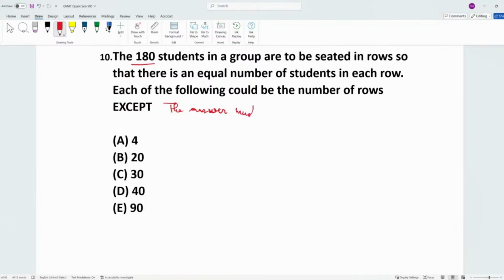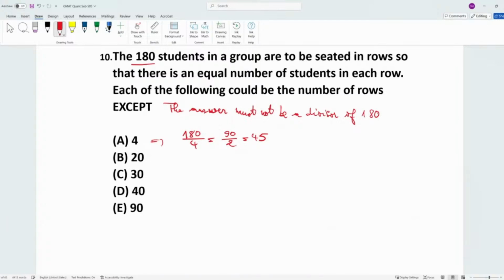So the answer must not be a divisor of 180. A divisor of 180 is any number such that when we divide 180 by it, it gives us a whole number. Let's take, for example, 4 here. 180 divided by 4 is actually 90 over 2, and is equal to 45.